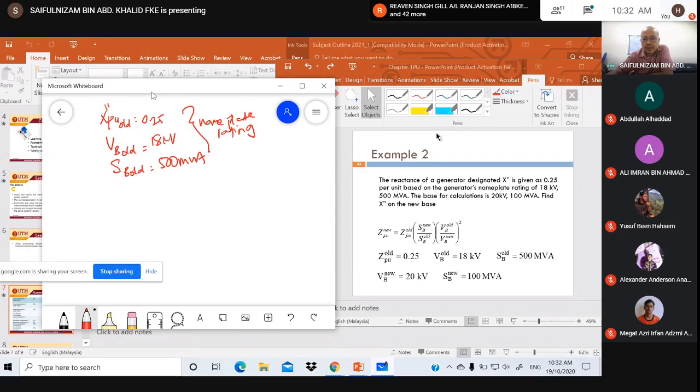Old. Now by choosing the new base value, which is V base new, 20 kV for the whole system, and S base new, which is 100 MVA, determine the new per unit value for the generator.